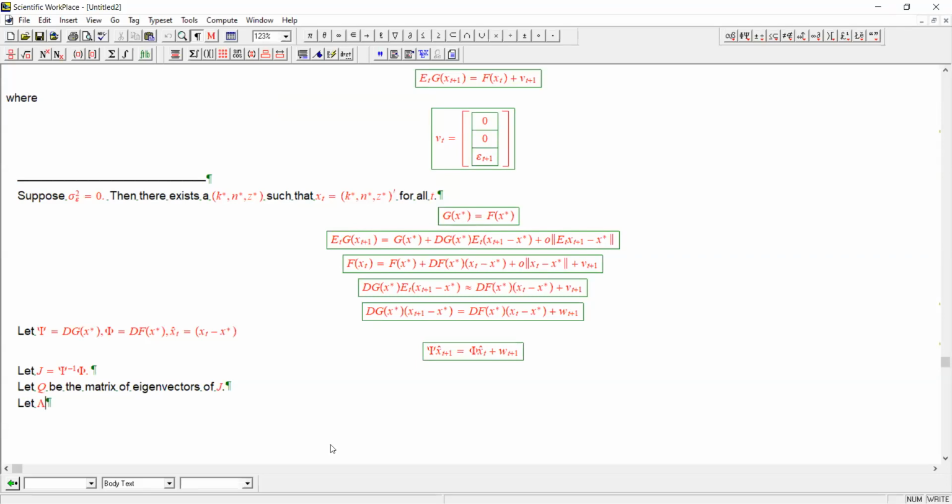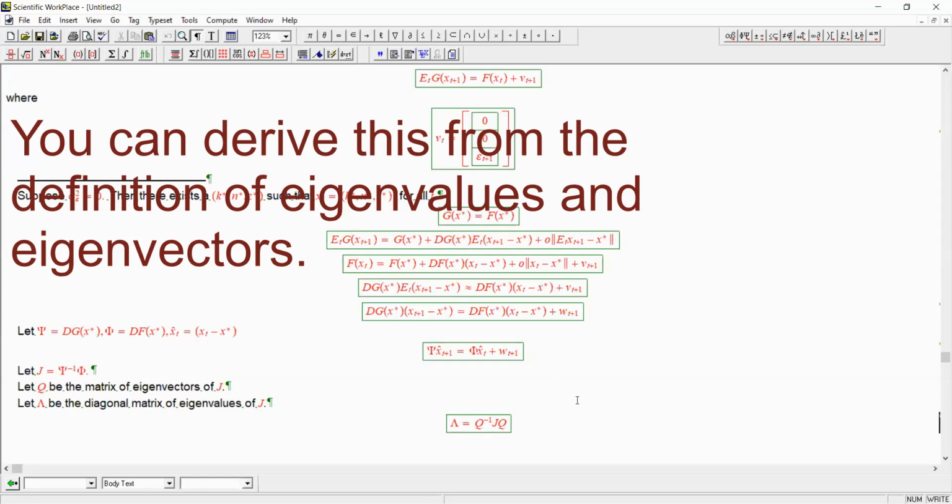Let capital lambda be the diagonal matrix of eigenvalues of J. Then it must be that this diagonal matrix of eigenvalues lambda is equal to the inverse of Q, the matrix of eigenvectors, times J times Q. This is a theorem.